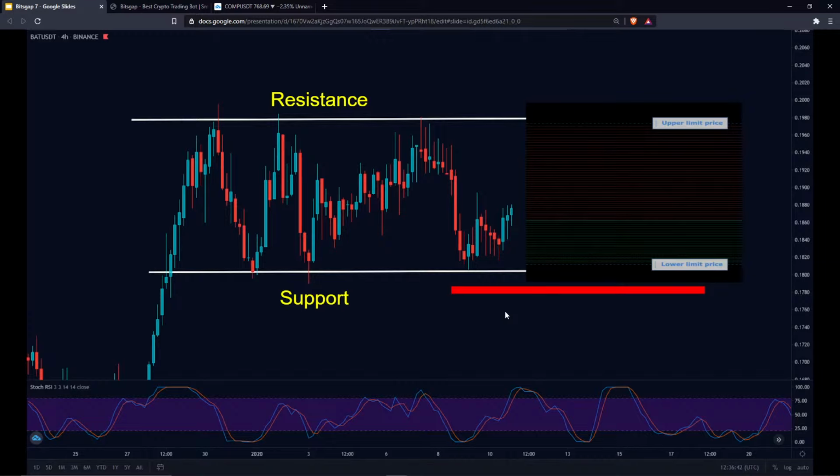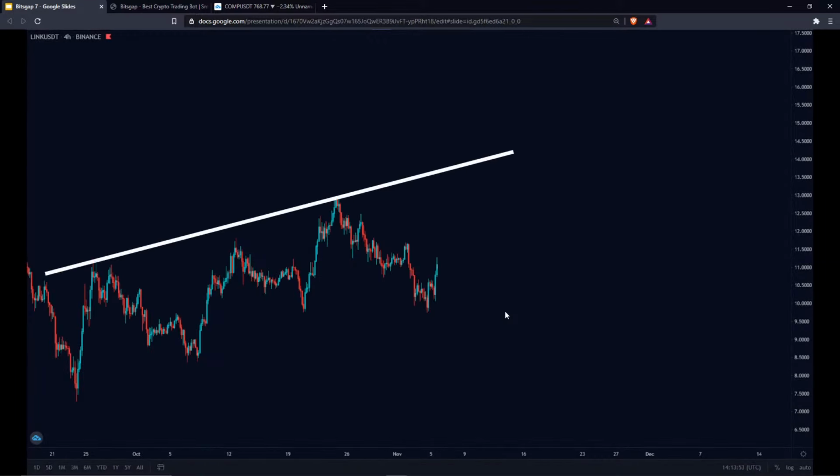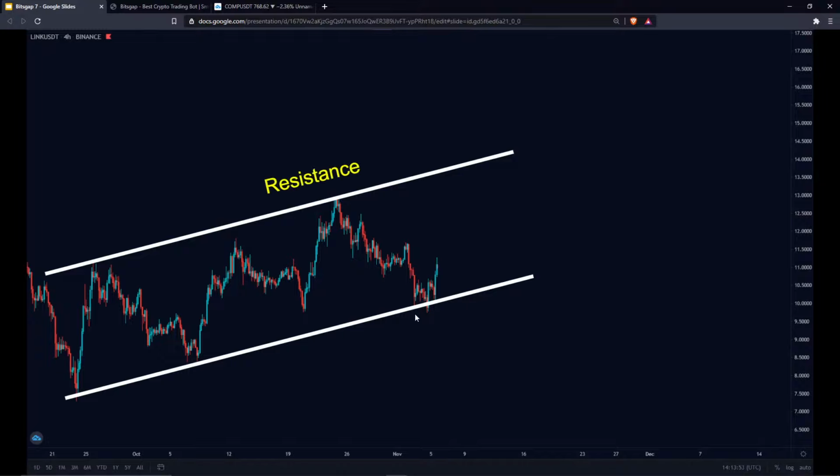Of course, there are many other patterns that exist, like for example this one. That's the perfect one for the classic bot, because you see the support line in that case is angled up, and same with the resistance, it's an angled up resistance line. That's something that you can spot on a rising market, and it successfully bounces off the angled up support line and then reverts from the resistance. I urge you to trade this pattern only if you see the bounce off.